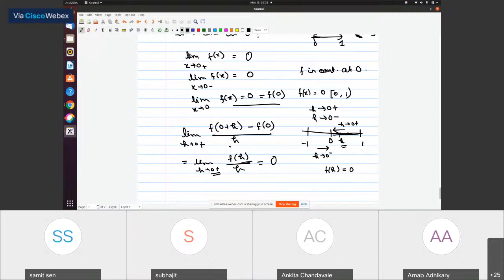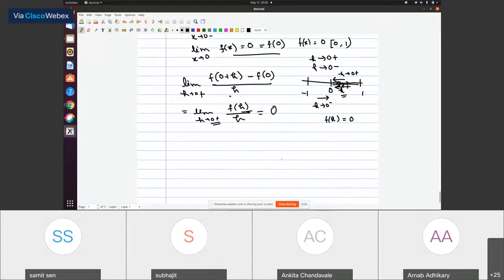So whatever value I am taking here, everything is 0, right? If we approach 0 from the right hand side, all the functional values are 0. Is it clear? So let me explain this. This is the right side of 0, and I am approaching towards this right side.